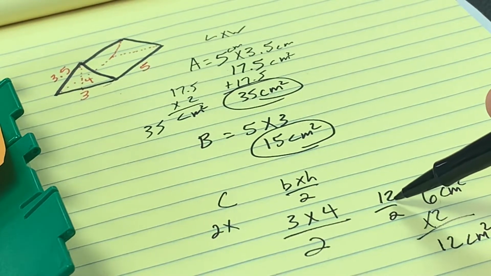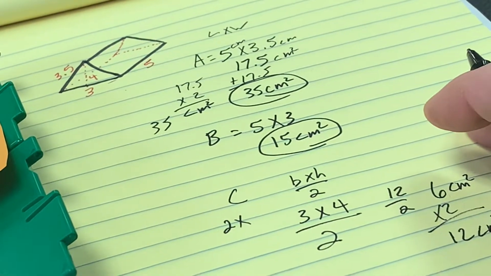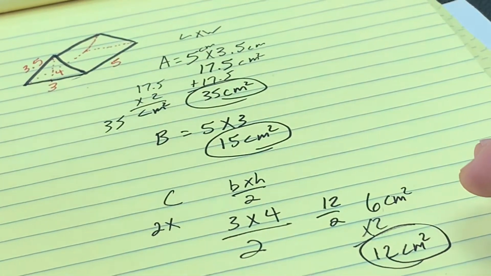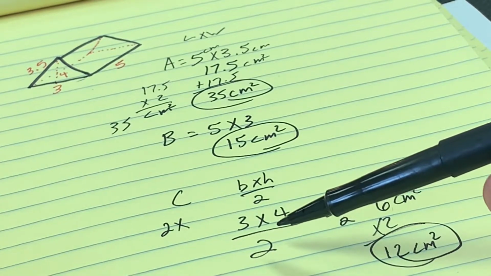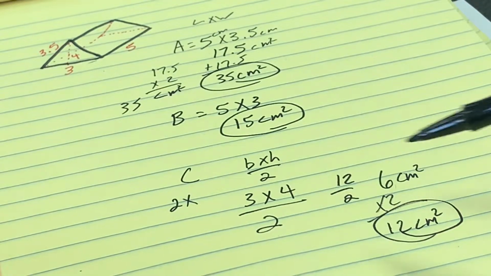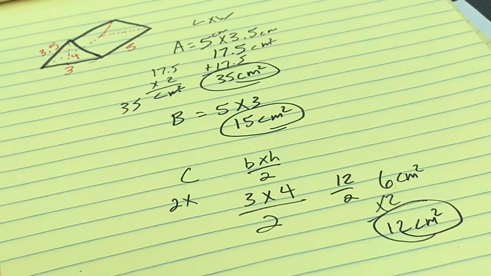Now, that's what we just got here a second ago before we divided by 2. We are finding the area of a triangle, but since we have 2 of them, you can kind of skip this step. And I don't want to tell you to skip it all the time, but in this case, because we have 2 of them, you're finding it and you divide it by 2 to get the 6. But then since we have 2, you have to go right back to the 12.